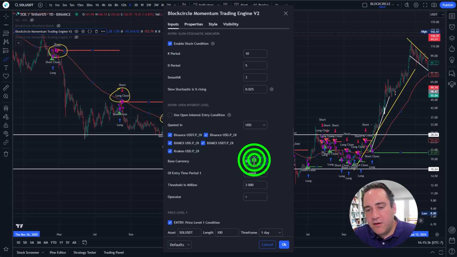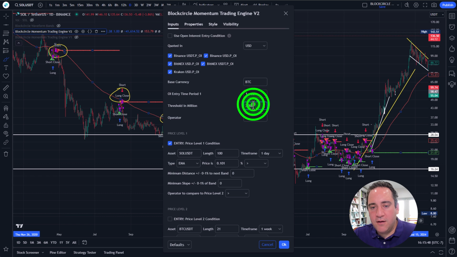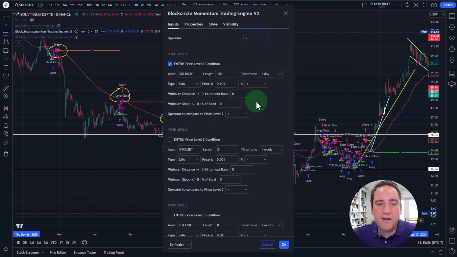You can have a base currency. So how do you want it to be, right? Do you want it to be BTC, or SOL, or ETH? What open interest are you looking to track, right? And what time period? And this is 3 billion. So what's your threshold in millions? It is 3 billion. And the intent of this is very similar to the next condition, which is price level.